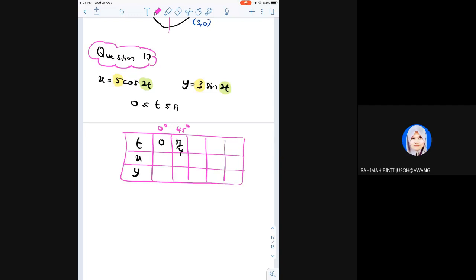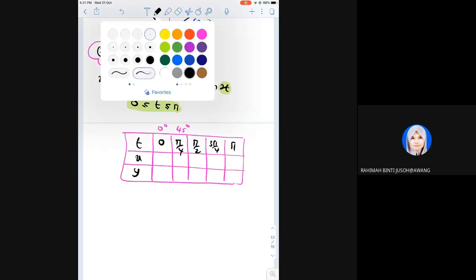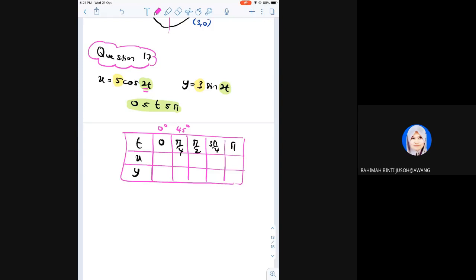We need to shrink, make it smaller, the scale. Okay, so pi over 4, tambah 45 jadi pi over 2, and then 3 pi over 4, and then sampai pi. Habis. Sebab dia punya interval memang 0 sampai pi je. Dia tak sampai 2 pi. That's why saya kata you kena shrinkkan tadi tu. Sebab dia 2t. Sebab ada 2 ni. Berkali 2t ni. Itu sebab dia. So, kena bahagi 2 skala tu. Faham?